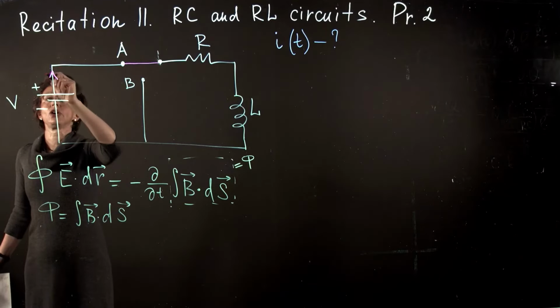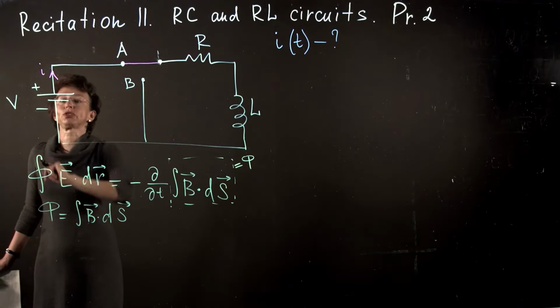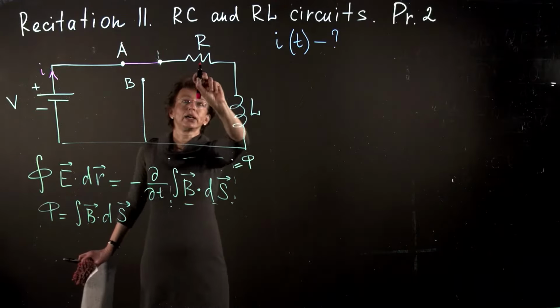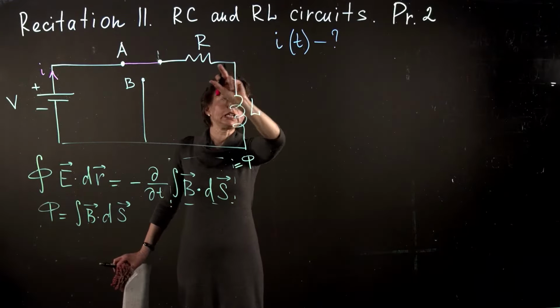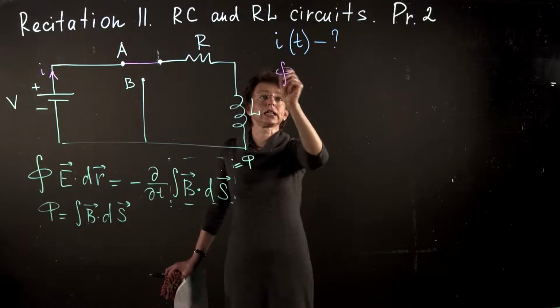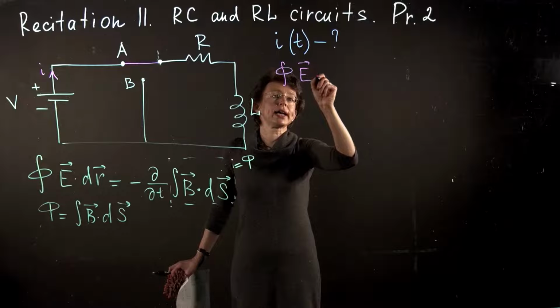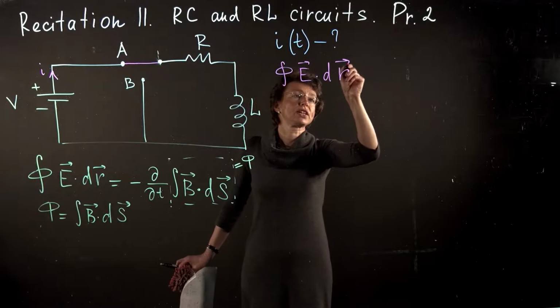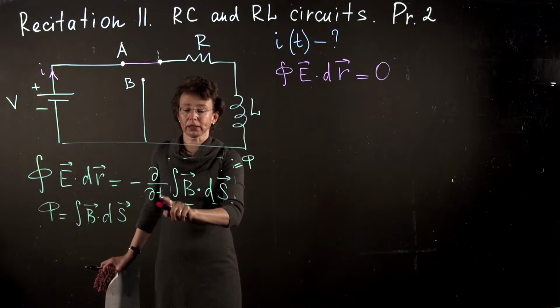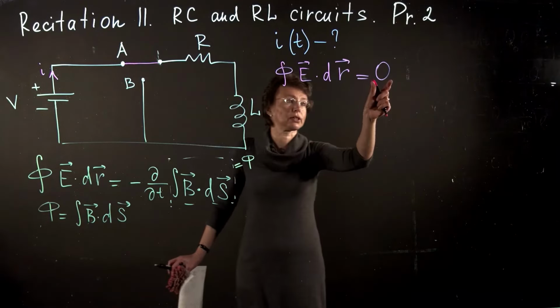It is leaving the positive terminal of the battery. Then we have a resistor here. It is steady state. For steady state, the right-hand side of Faraday's law is 0. No time dependence. In steady state, d/dt is 0.